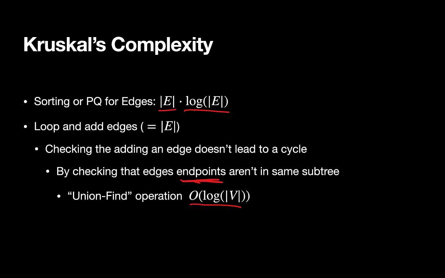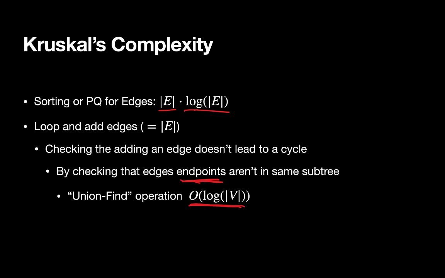So we'll base the rest of this discussion on the fact that we're using this union find, and it's based on the number of vertices that we have to check to see if the endpoints are in the same tree. And at most, we will have v vertices in our tree. When we're all done, we will have created our spanning tree that spans all v vertices, so this is kind of our worst case, and we're slowly, incrementally getting closer and closer to this.